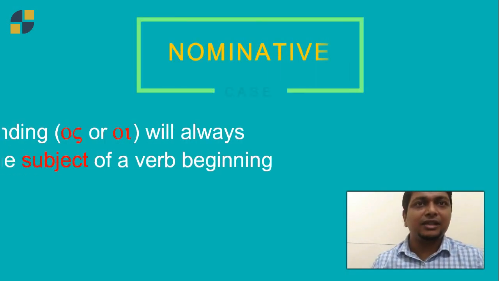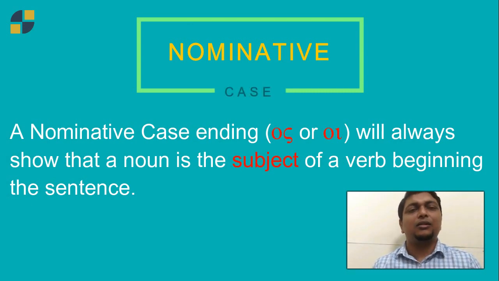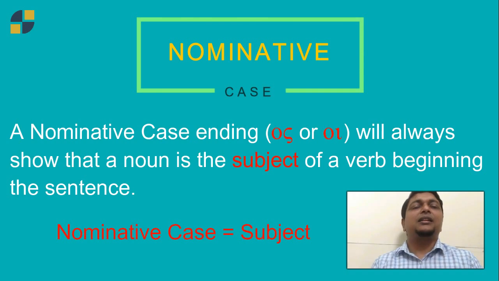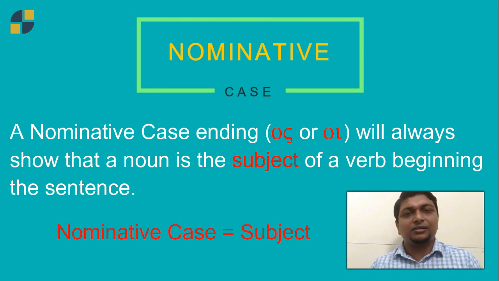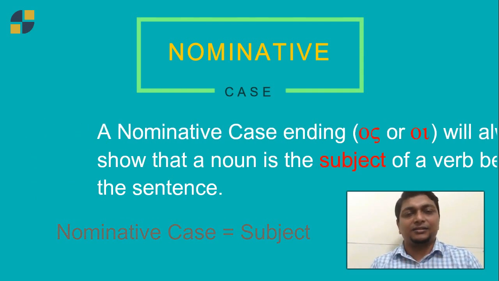A nominative case ending with os or oi will always show that a noun is the subject of a verb beginning the sentence. Register this in your memory: if you find a nominative case in the sentence, it shows that that word is the subject of the sentence.